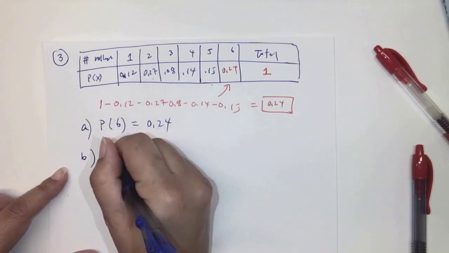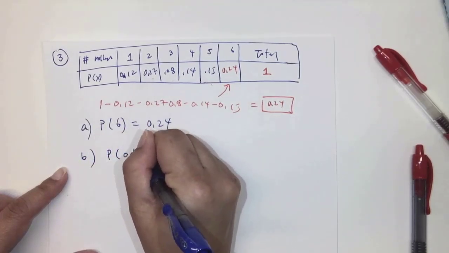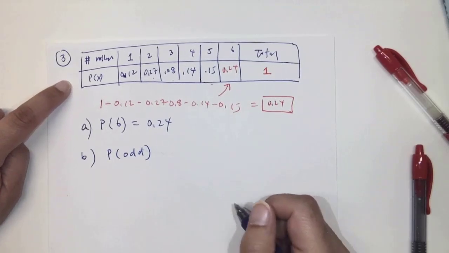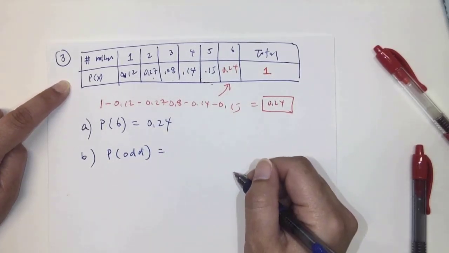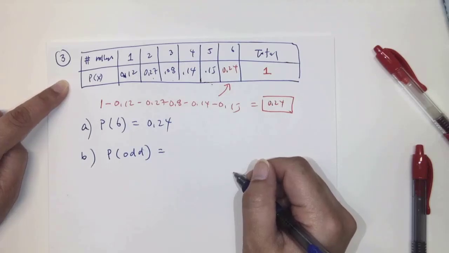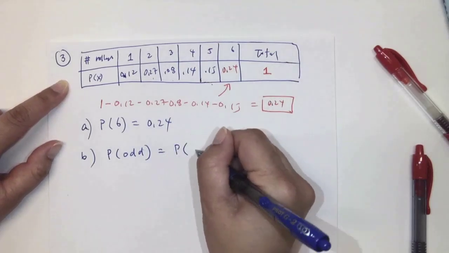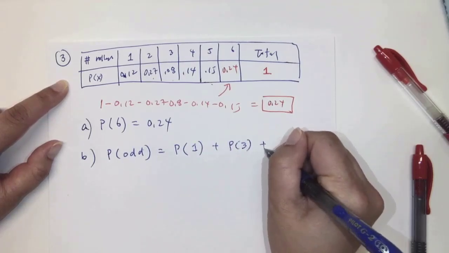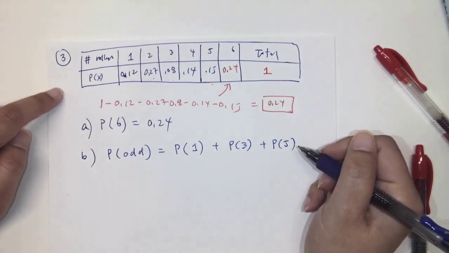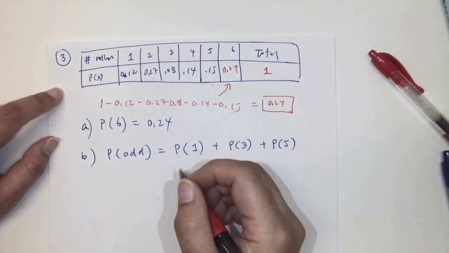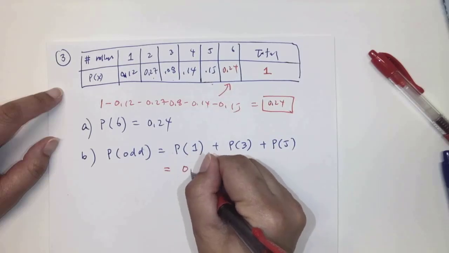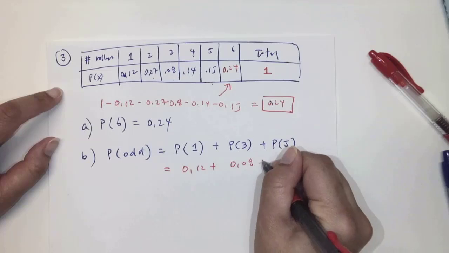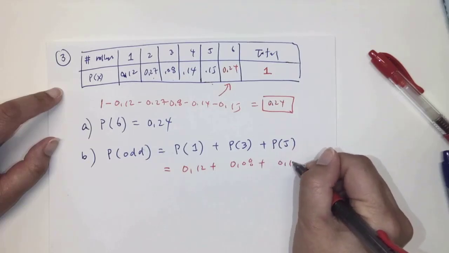The second one says, what is the probability of rolling an odd number from this strange dice? What kind of odd result can I have? Probability of getting a 1 or 3 or 5, right? And we have those numbers in the table, correct? So what is 1? 0.12 plus 0.08 is 3, plus 0.15 is 5, right?